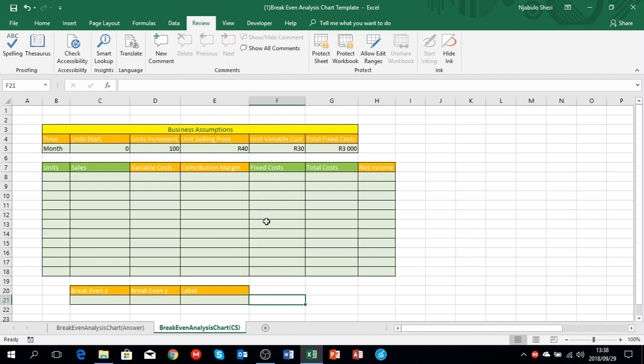It's the price that we will be selling our goods at. And then our variable cost. So what I'll do is I'll explain variable cost, contribution margin, as well as fixed cost later on into the example. And then we have our total fixed costs, which I'll also explain later on.